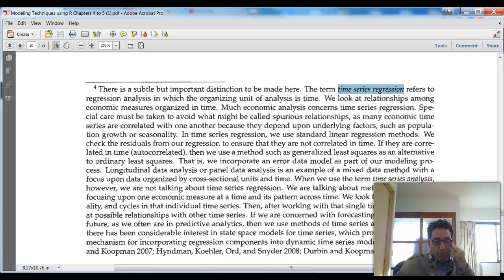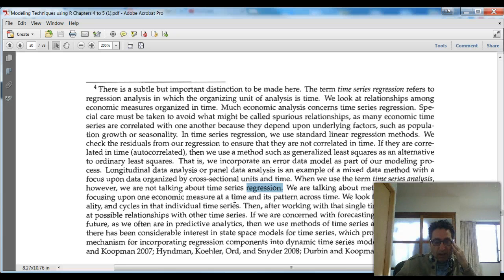So we're using time, but we're also using other variables. On the other hand, time series analysis is different than time series regression, and we're talking about methods that start by focusing on one economic measure at a time, like we've been talking about so far here, and its pattern across time.